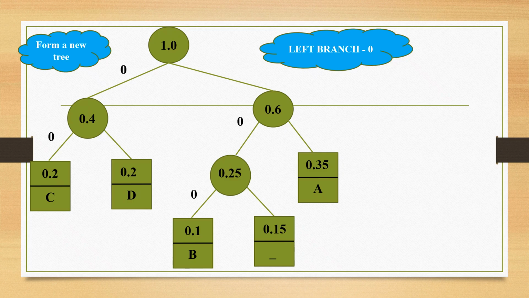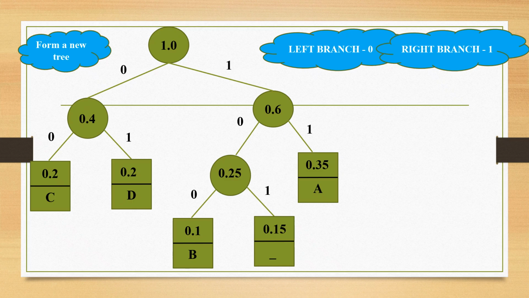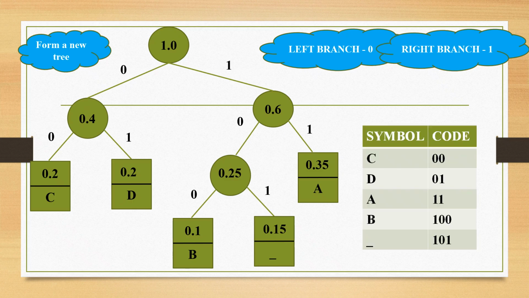To the left branch I assign 0 and to every right branch I assign 1. After assigning, I have to traverse from the root to the node and find the code. For C it is 00. For D it is 01.